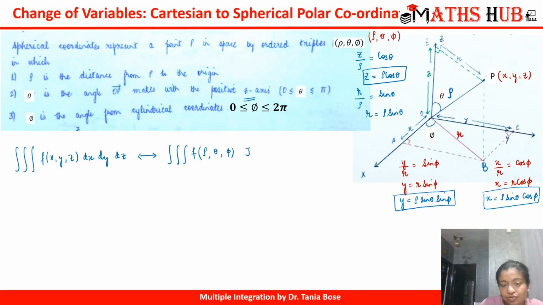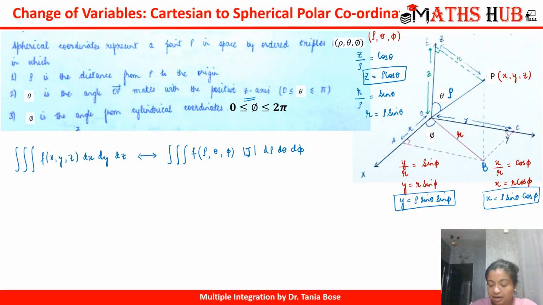We will get a Jacobian of the transformation, and we will get d rho, d theta, and d phi. So now let us try to see what are the values of this Jacobian. What will be the Jacobian of transformation when we convert a Cartesian system to spherical polar coordinates, right?